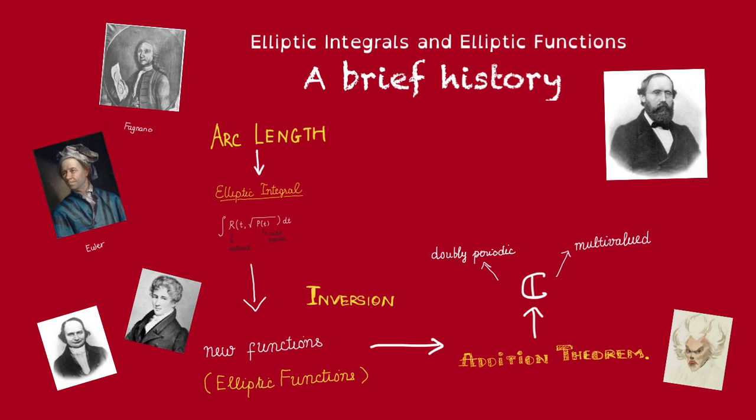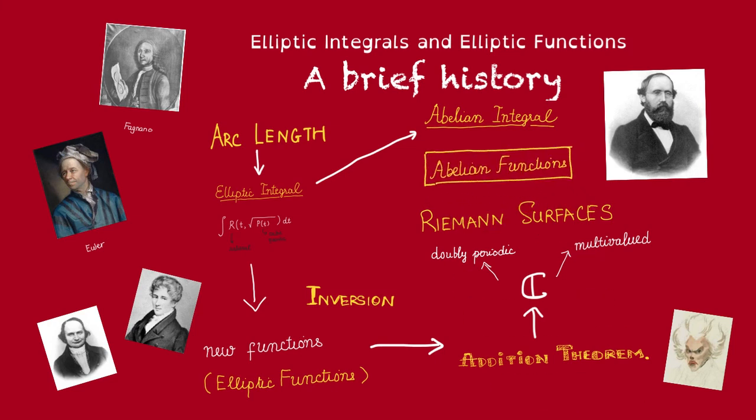Once they are extended to complex numbers, we notice that they are doubly periodic and they're also multi-valued. So we realize that the right setting for them is Riemann surfaces. And on Riemann surfaces, we generalize the notion of elliptic integral to abelian integral, and we generalize the notion of elliptic functions to abelian functions, which are just inverses of abelian integrals.